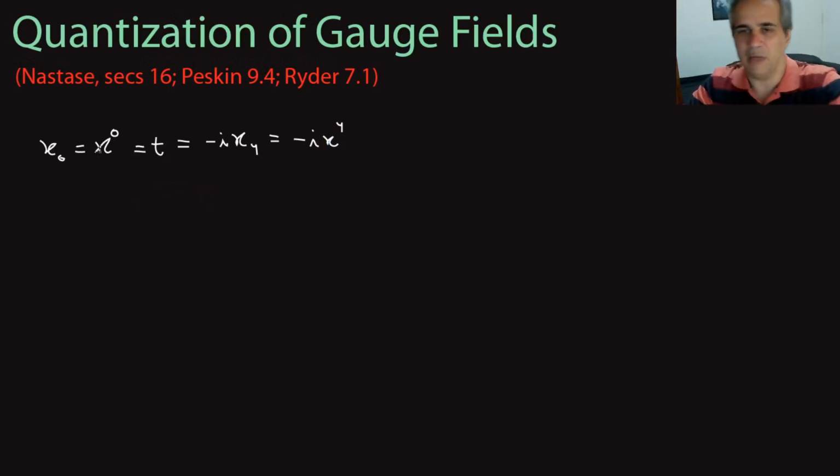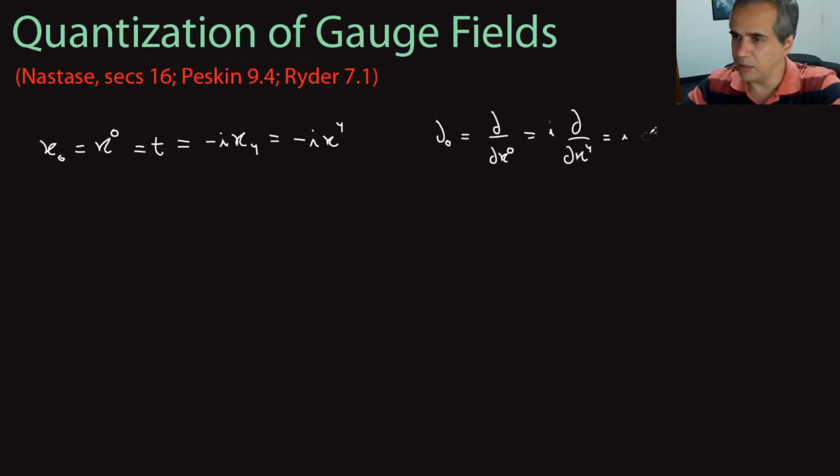The diagonal of the metric. The same is true for the 0 component. I also know how to work with the derivative in time, right? This is just del x0, which will be i del x4 or i del 4, right?